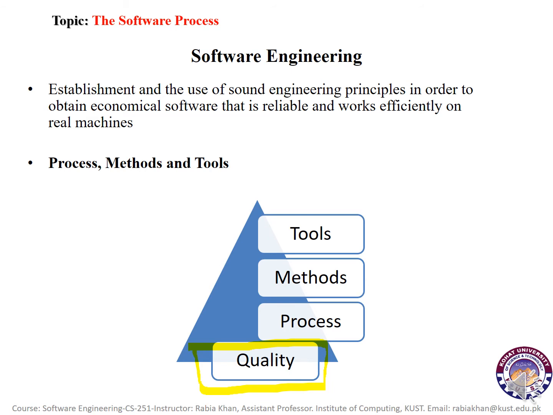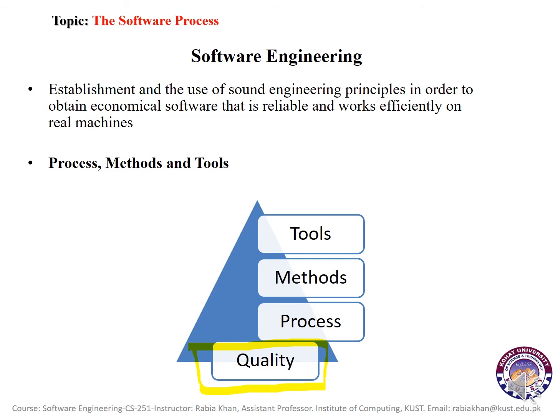Quality is an aspect which fosters a continuous improvement culture, which ultimately leads to the adoption of quite mature approaches to engineering some product, whether it's software or any other product.